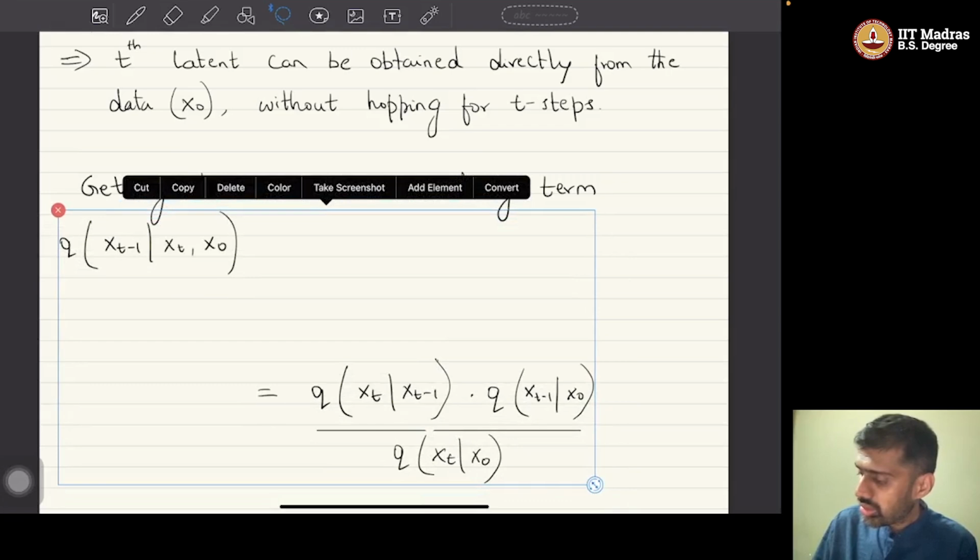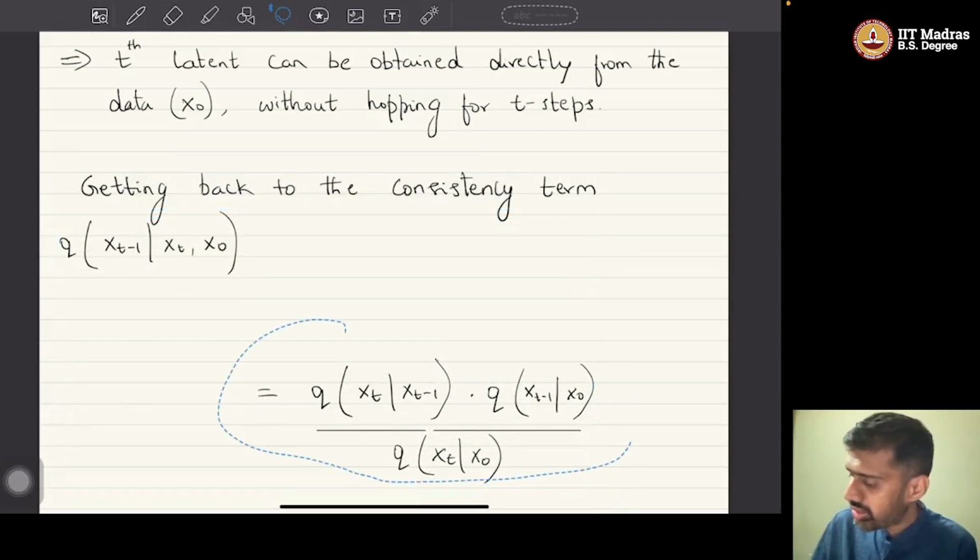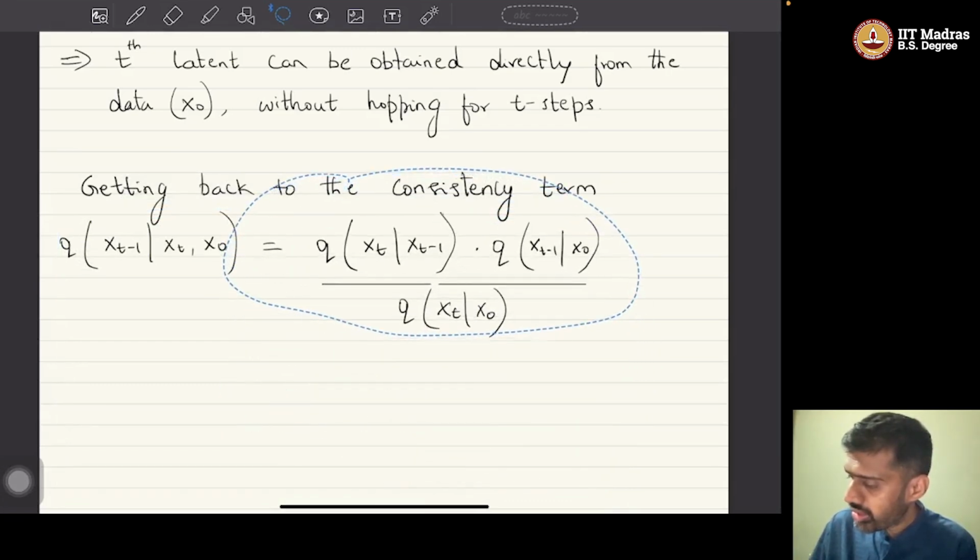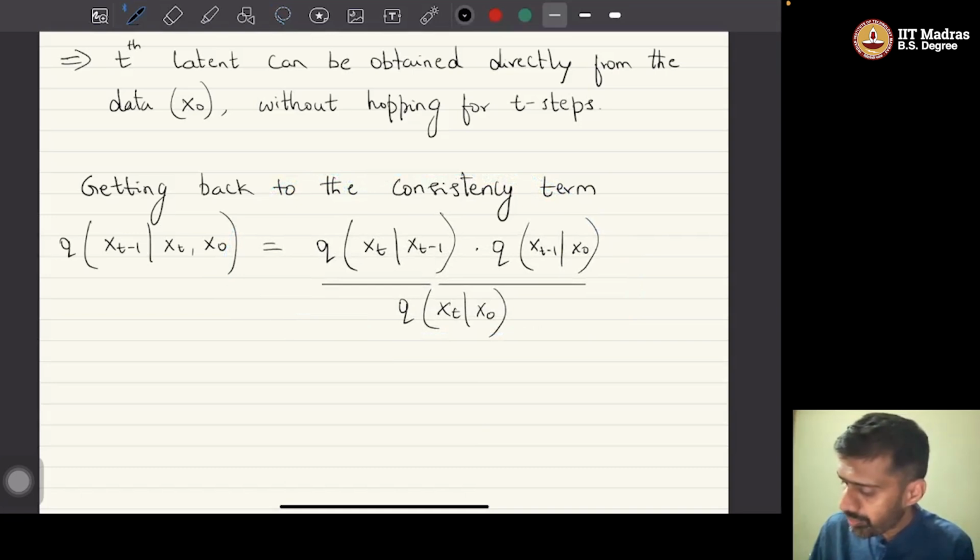So the consistency term had these things, and now we know all of them. So this is equal to, so we have q of xt given xt minus 1.